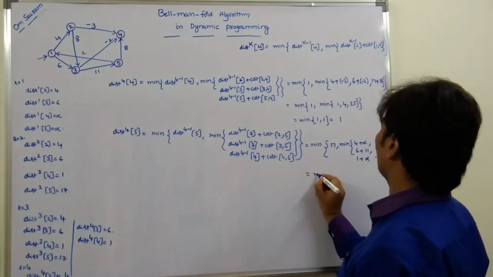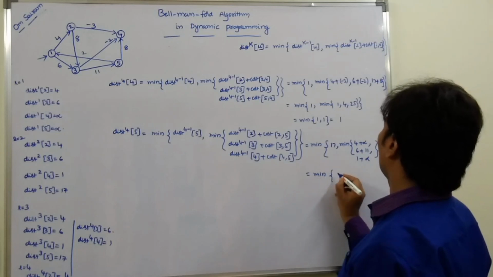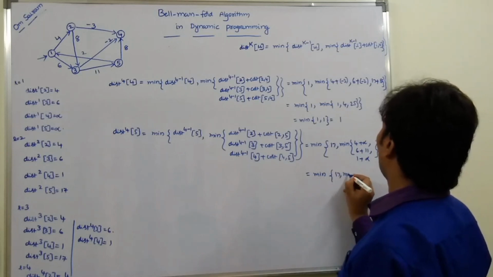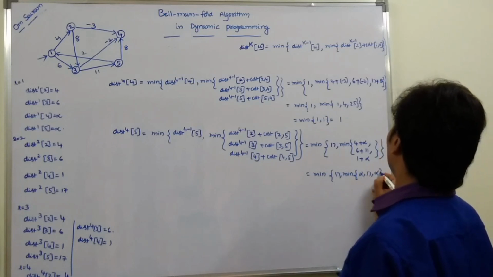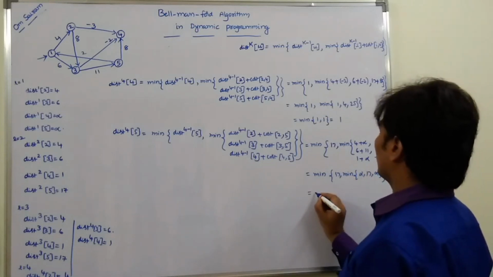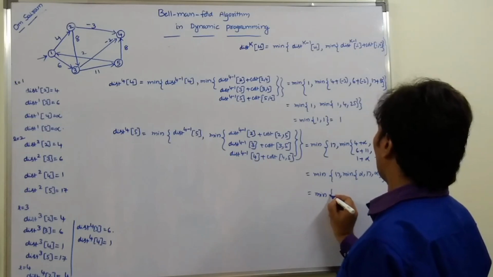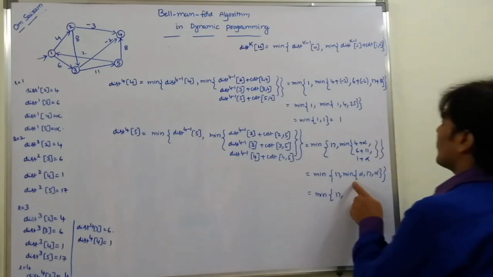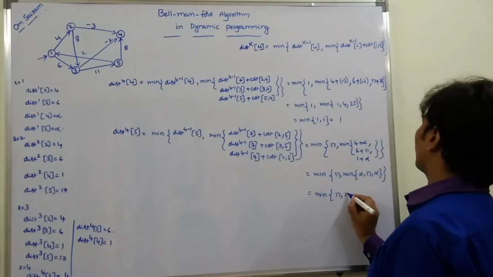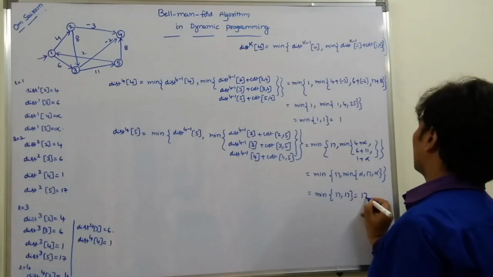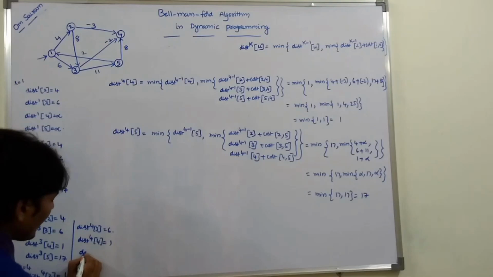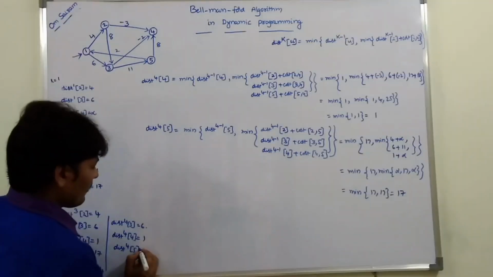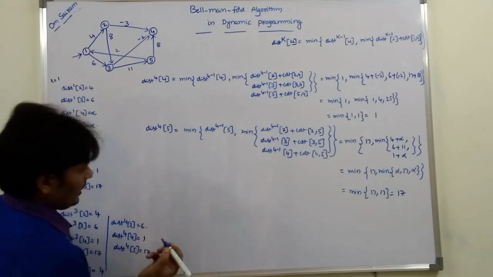So the minimum of 17, comma, the minimum of infinity, 17, infinity is 17. So DIST 4 of 5 is equal to 17.